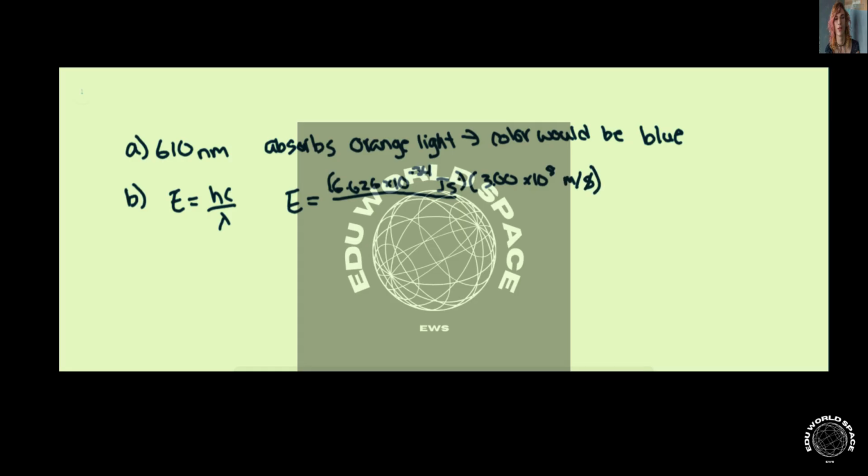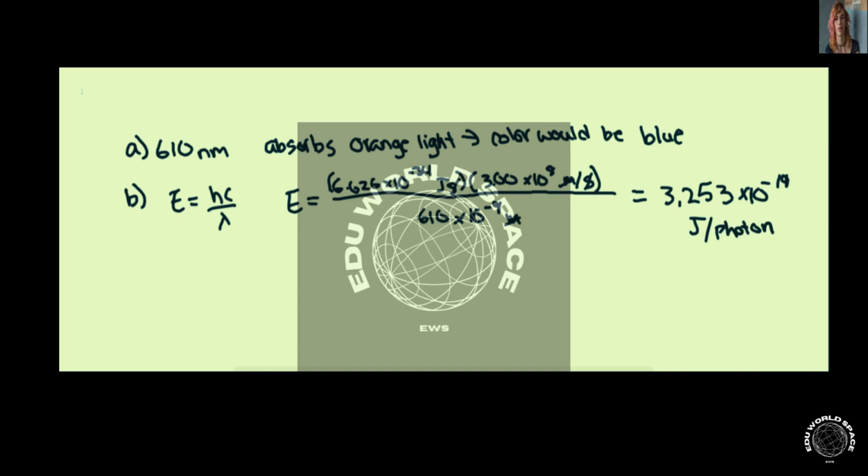And with that, our seconds cancel, over our wavelength, which is 610 nanometers, which I'll convert to meters by doing times 10 to the minus 9 meters. With that, our meters cancel, and so we're just left with joules. And if we calculate that out, we get 3.253 times 10 to the minus 19, and our units there are joules per photon.